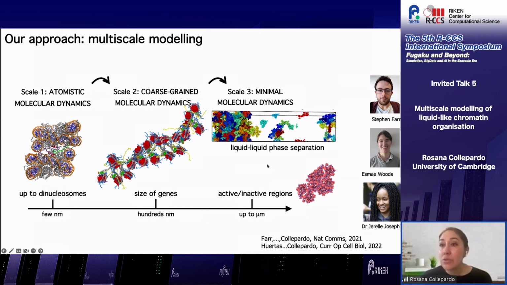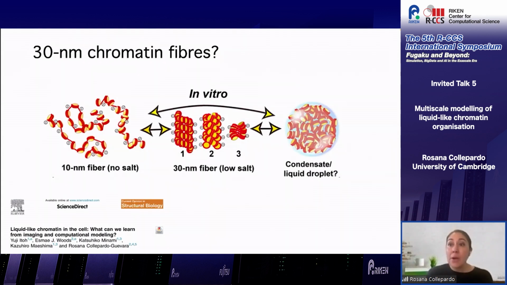And this allows us to get to really big system sizes, including phase-separated chromatin regions or big genomic regions, which I'll be talking to you about in a moment. Now, before I explain more about phase separation, I would like to first give you some ideas of how these polymers known as chromatin behave, so that then you can understand their properties and how they phase separate.